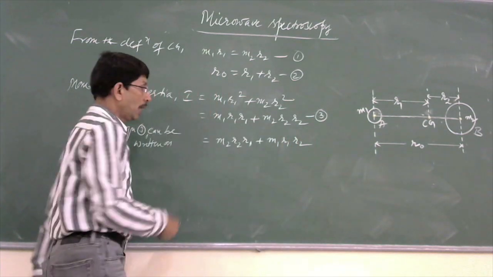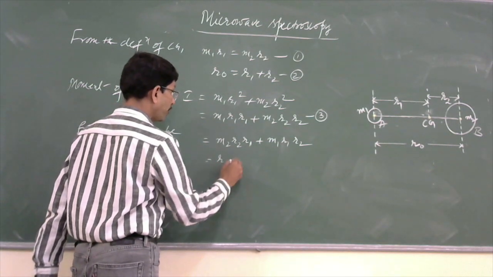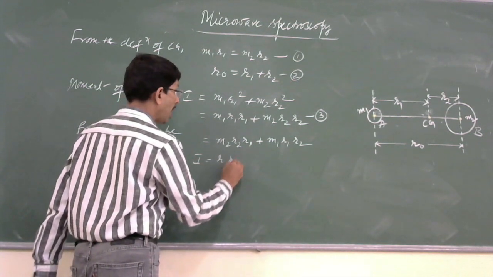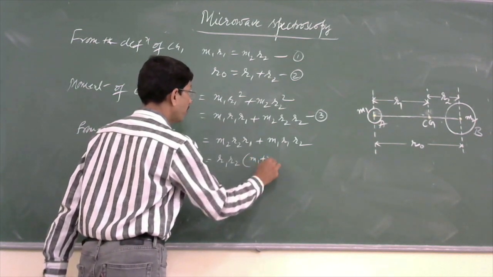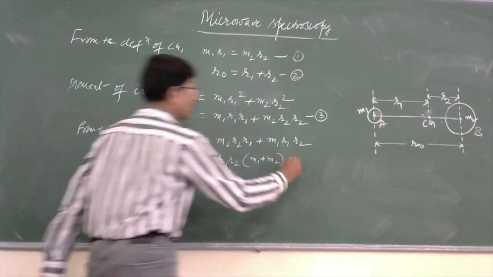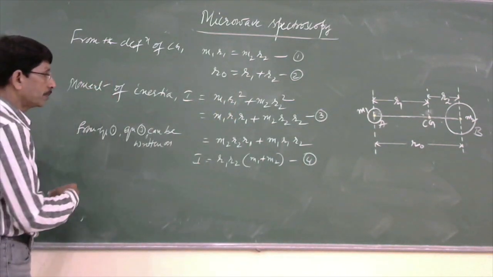R1 R2 are common in both expressions. Therefore, we have I is equal to R1 R2 into M1 plus M2. This is equation 4 for moment of inertia.